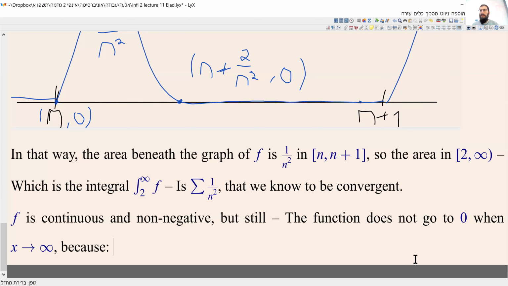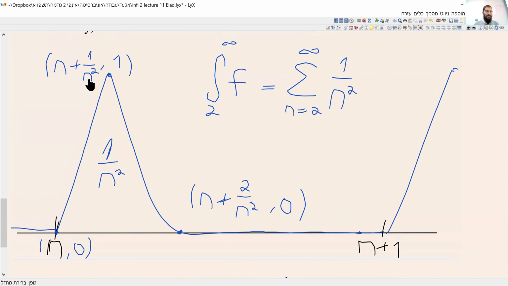If all the limits of the sequences go to the same limit. But here, if we look at the points n plus 1 above n squared, the value of f there is always 1. It does not go to 0.